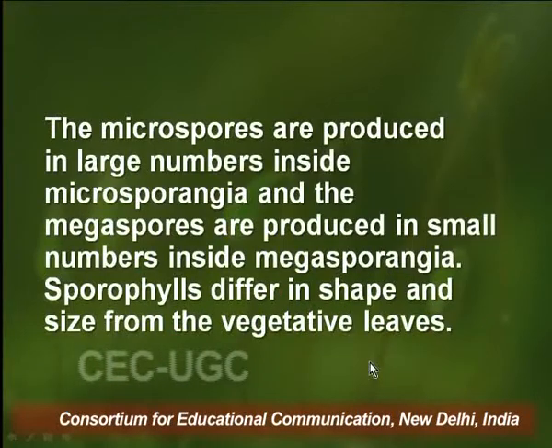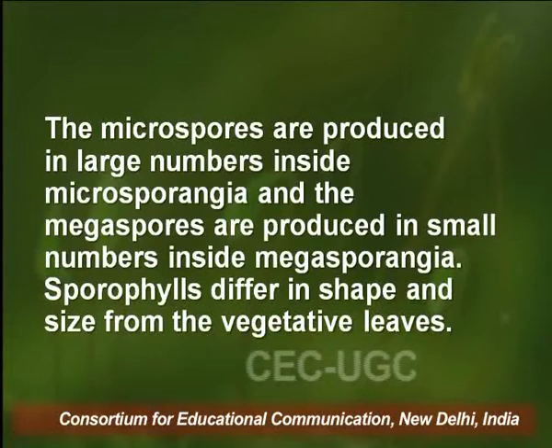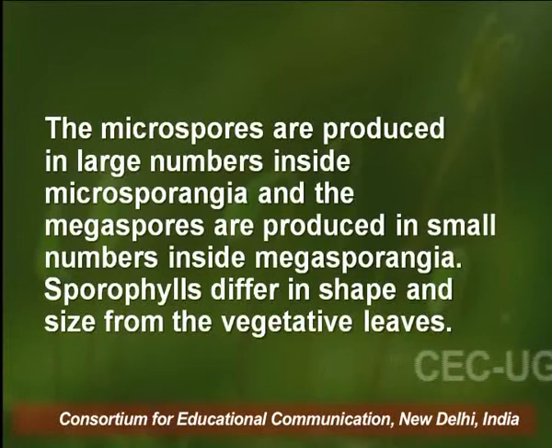The microspores are produced in large numbers inside microsporangia and megaspores are produced in small numbers inside megasporangia. Sporophylls differ in shape and size from the vegetative leaves.